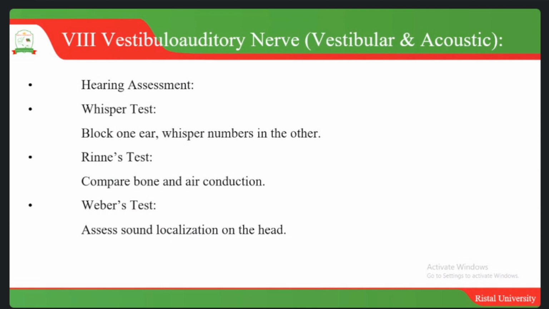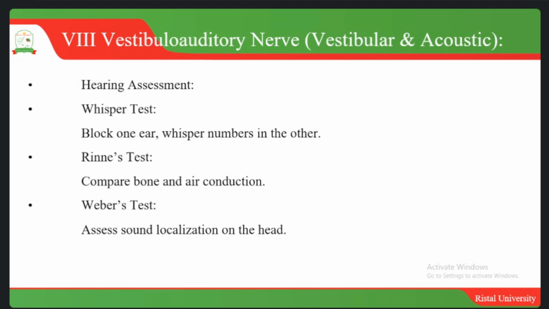There is an instrument that we use for testing. The tuning fork is the one that we use for the Rinne's test and also the Weber's test, and we ask the patient.